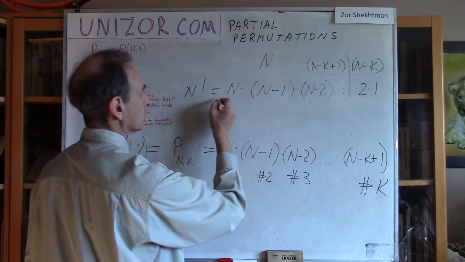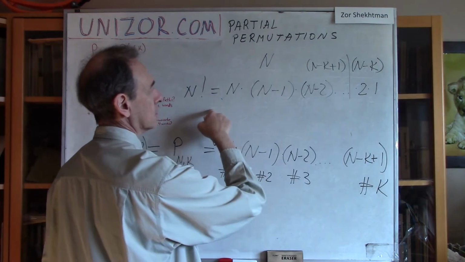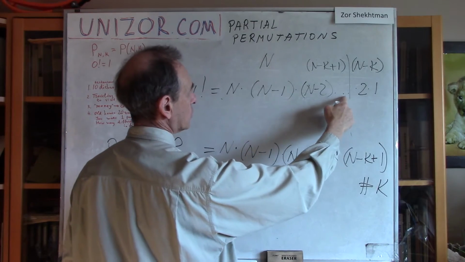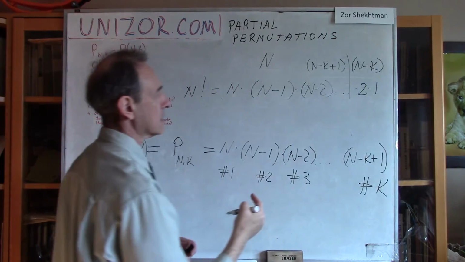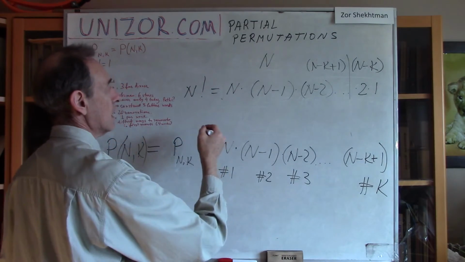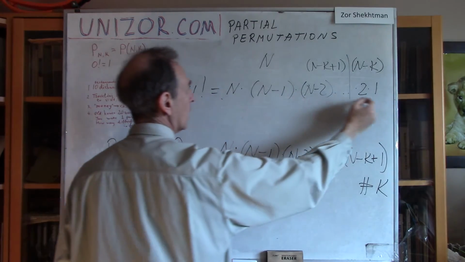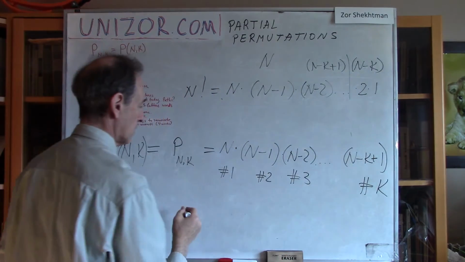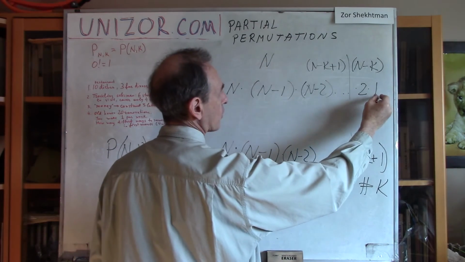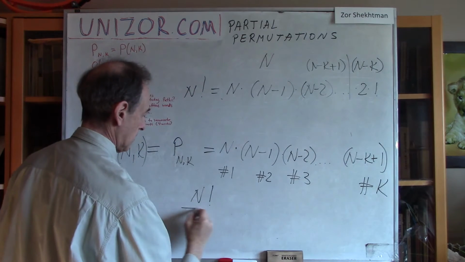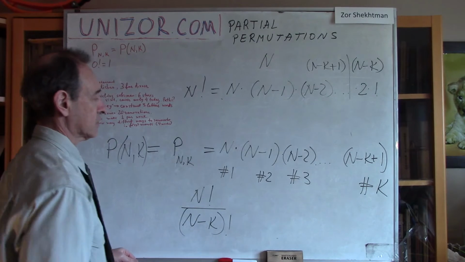Right? So out of all the numbers from 1 to n, I'm using only these ones, and these from 1 to n minus k I'm not using, which means I can actually say that I have divided the whole product of all numbers from 1 to n, which is n factorial, by the product from 1 to n minus k, which is n minus k factorial.